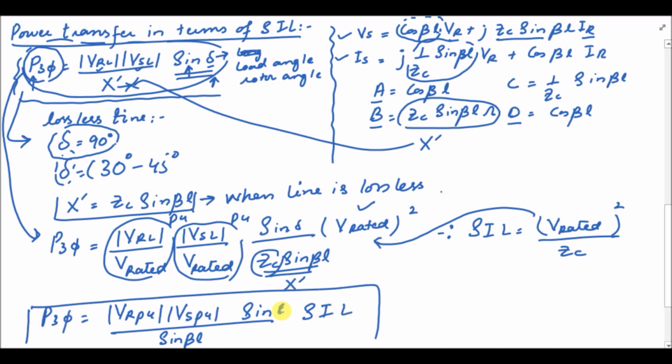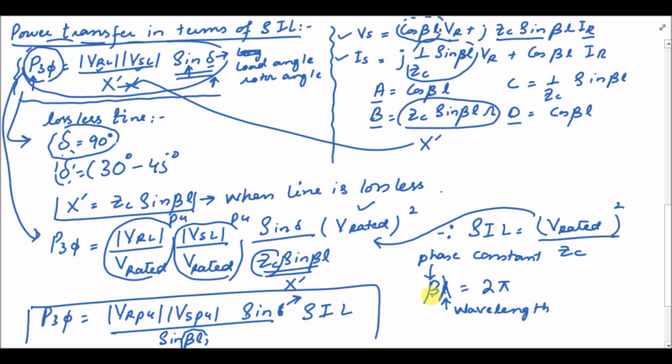Here delta is the rotor angle or load angle, and in order to calculate beta L, we know that beta lambda is equal to 2 pi. This beta is the phase constant, and this lambda is the wavelength.